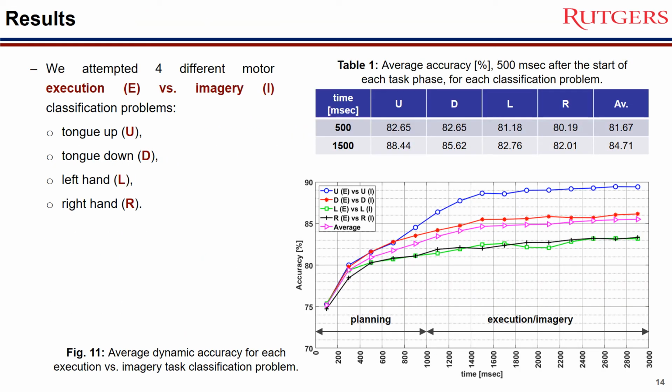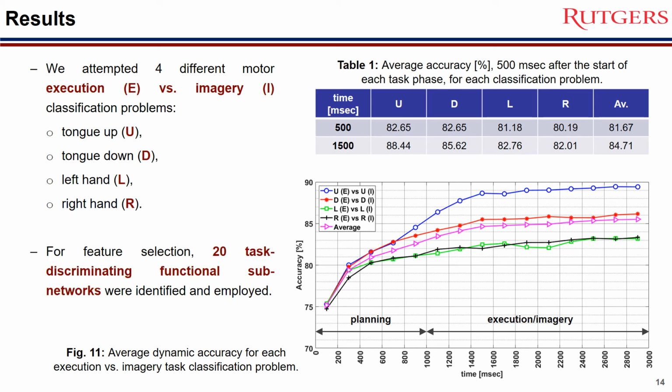Results. We attempted 4 different motor execution versus imagery classification problems. Each one of these problems involved one of the previously described directions, that is, up, down, left, and right. For feature selection, 20 task-discriminating functional subnetworks were identified and employed.